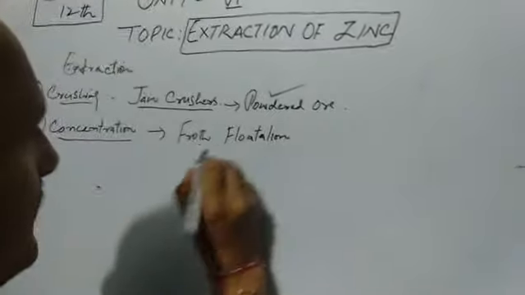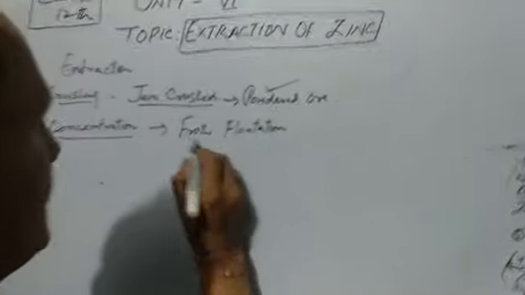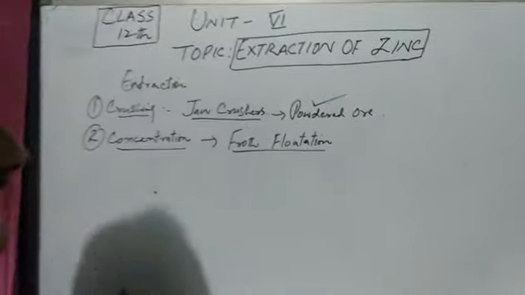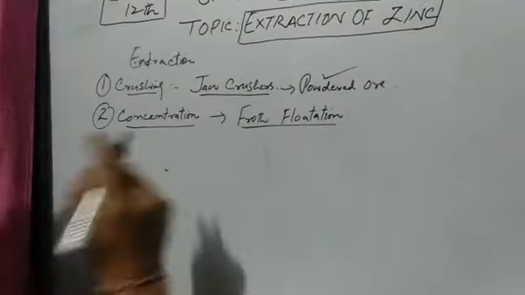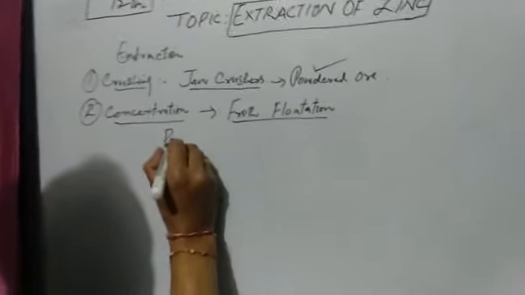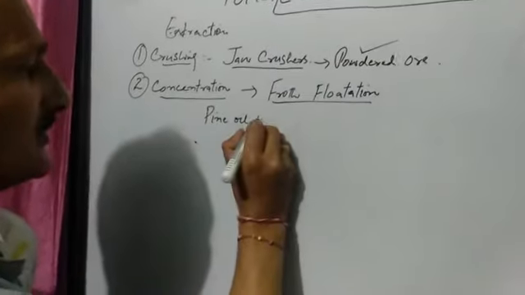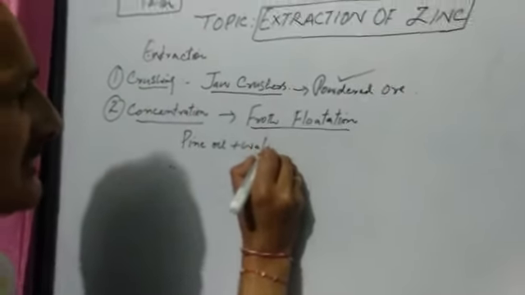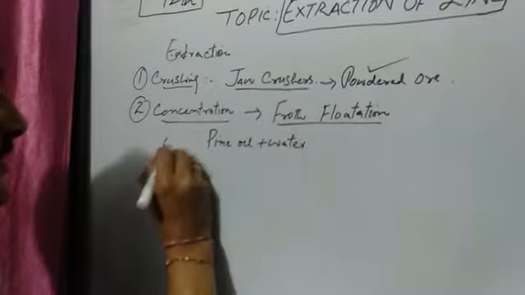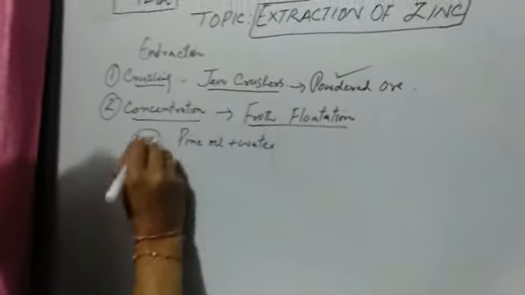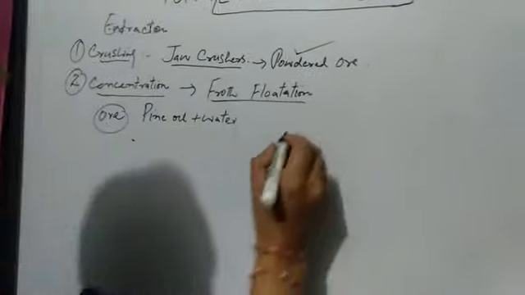Please remember that sulfide ores are concentrated by this method. What we do in this method, we take this powdered ore obtained in the first step, we mix it with a mixture of pine oil and water. When ore is mixed with this, what happens? The metal forms the froth.